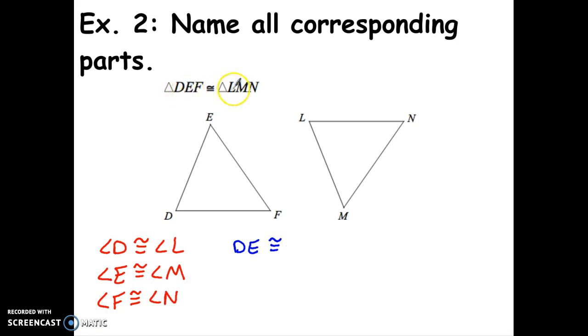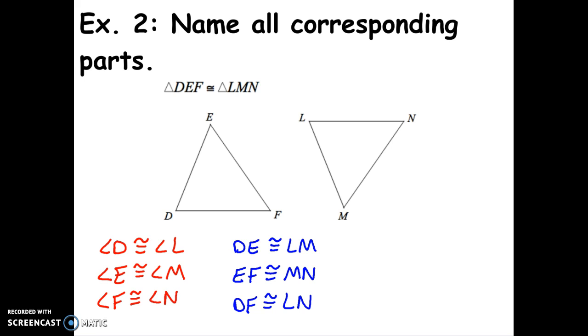So the first two letters here are L and M. The last two letters, EF, EF is congruent to the last two letters here, which is MN. And then lastly, we'll take the first and the last. So DF is congruent to LN. And we have named all of the corresponding parts.